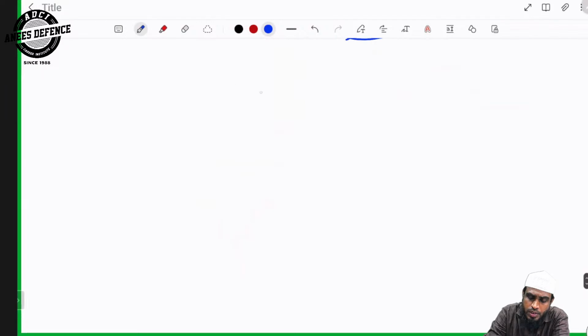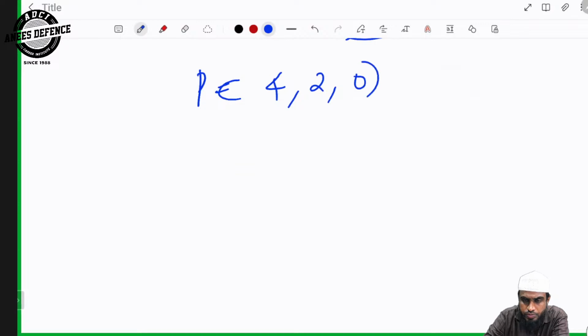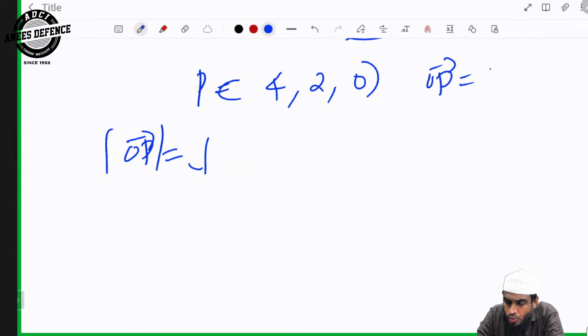Another example, if a point is given as 4, 2, 0, x can be 0 or anything. So OP can be represented as 4i plus 2j plus 0k.